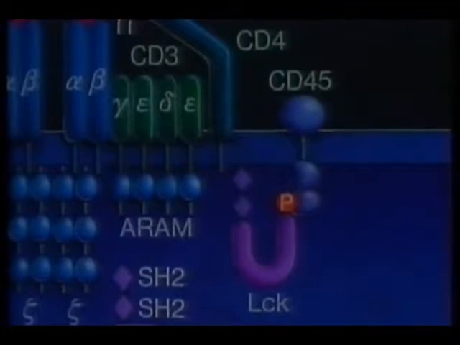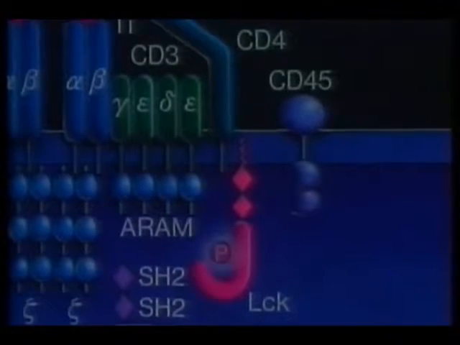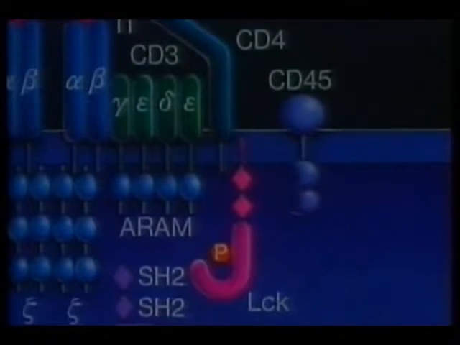When this happens, an LCK kinase linked to a CD4 is activated. At the end of the LCK kinase, a phosphate P bound to tyrosine is dephosphorylated by the protein phosphatase CD45. With the dephosphorylation at this terminal tyrosine residue, LCK kinase obtains autophosphorylating activity, and it phosphorylates another of the tyrosines in the center of the molecule.